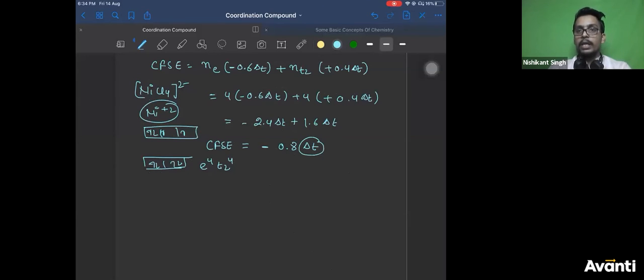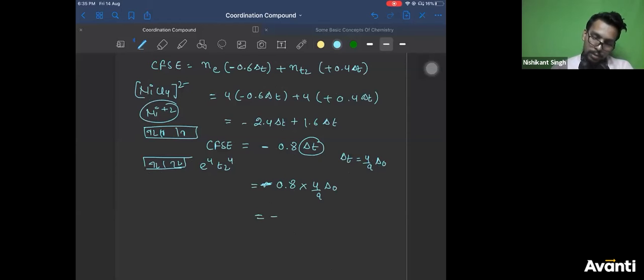If you want to compare the stability of octahedral and tetrahedral, find CFSE of octahedral, find CFSE of tetrahedral, and keep the CFSE of tetrahedral in terms of delta O, which is 4/9 delta O. Now this will become minus 0.8 into 4/9 delta O. So in terms of delta O, you'll get minus 3.2/9 delta O, which is minus 0.3 something delta O. Correct?